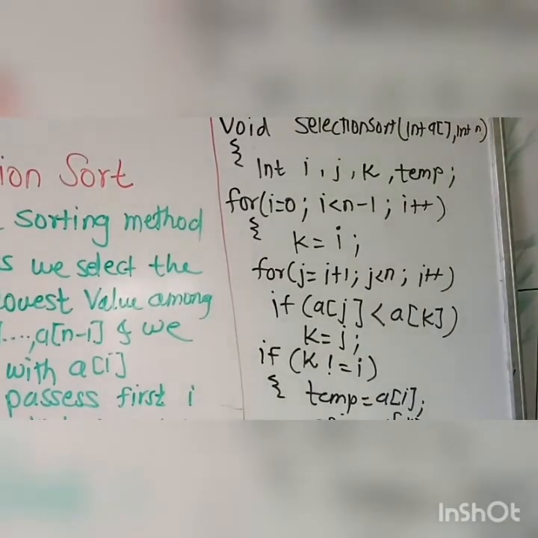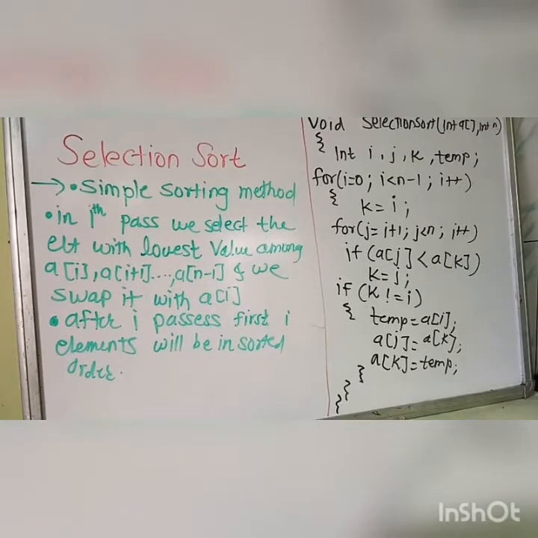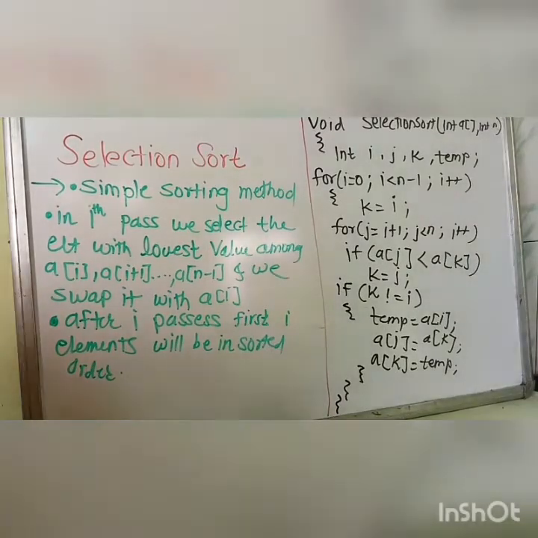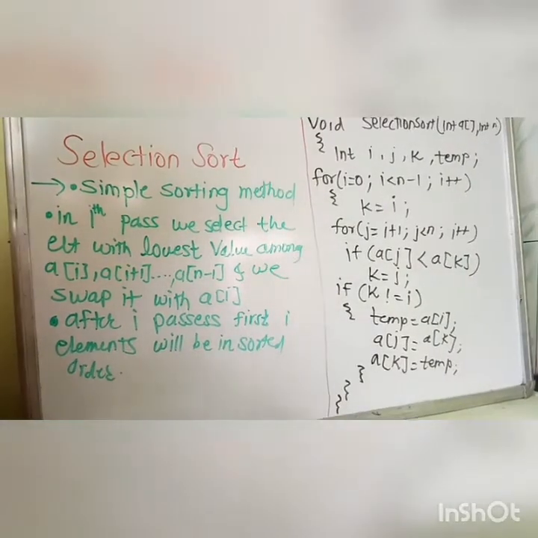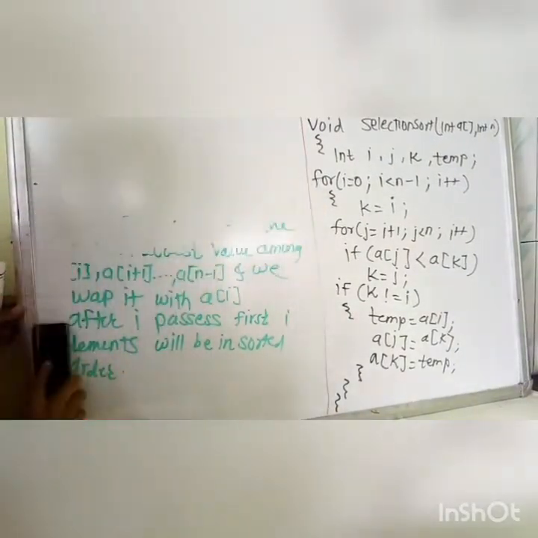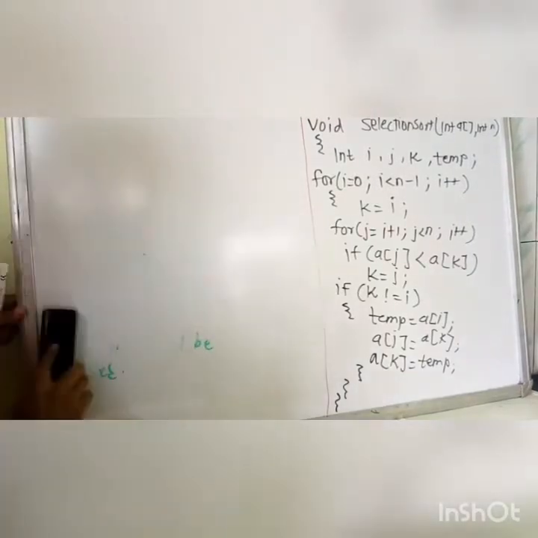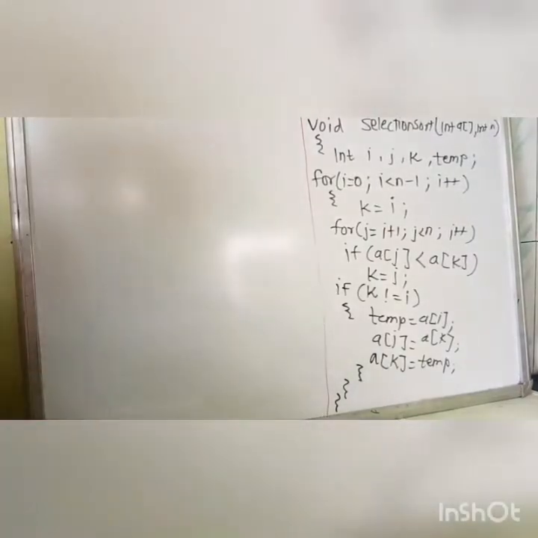Now we will try to trace this part of the function, the selection sort logic, by solving one array using the selection sort method. We will take one array as an example to sort the elements.